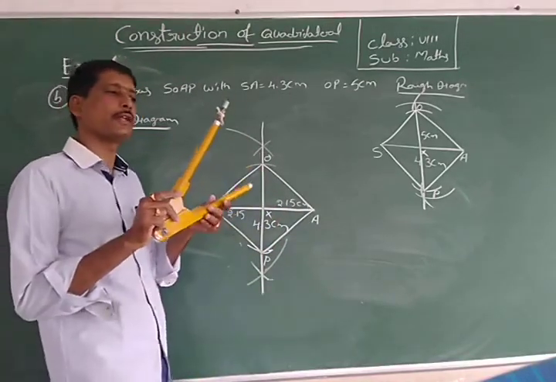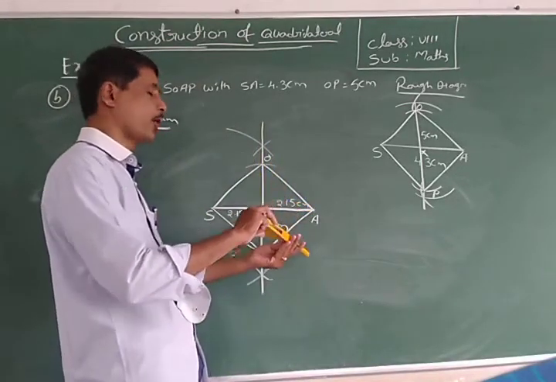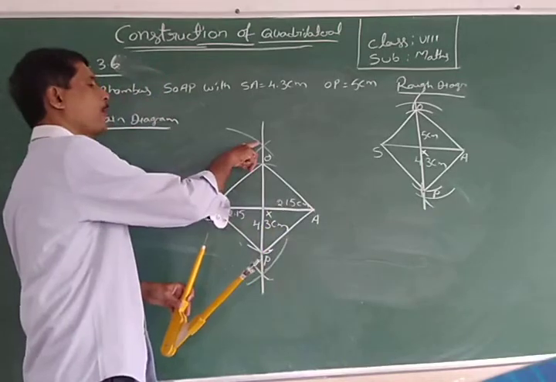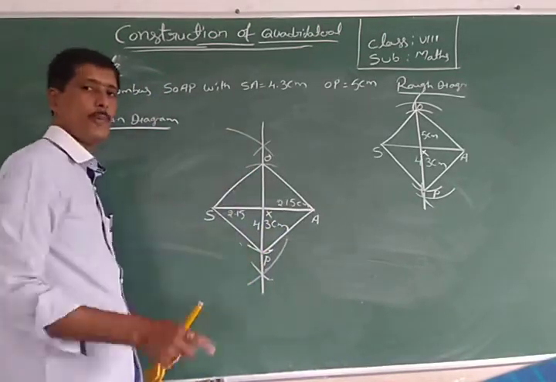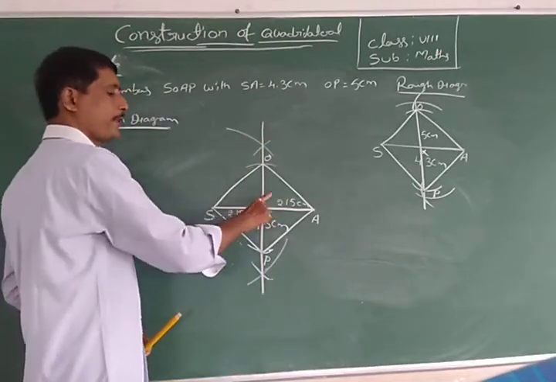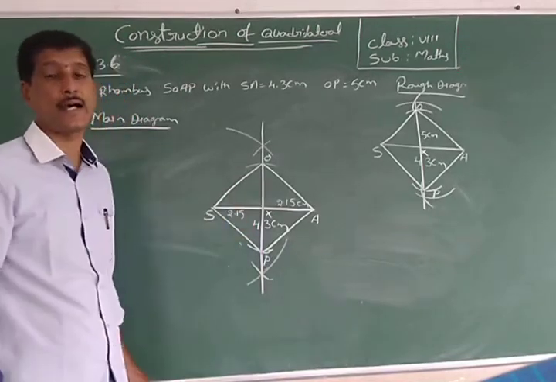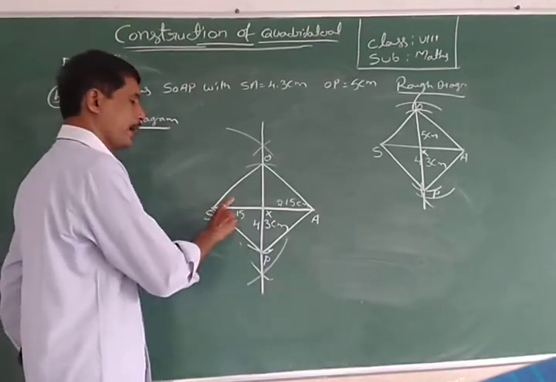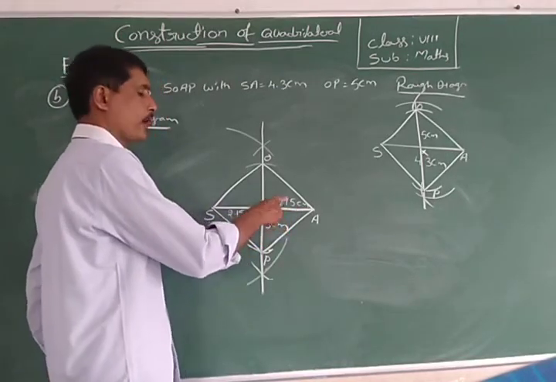With the same radius, there is no change, take the other end as center and draw the arc up and down. Two arcs intersect at one point here and one point there. Join the two points. Here SA is divided into 2 equal parts by the bisector. SX equal to 2.15, XA equal to 2.15.